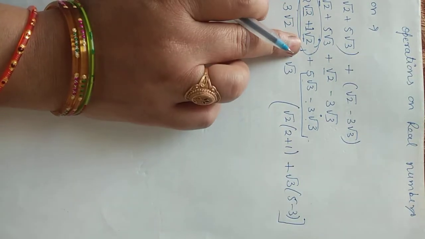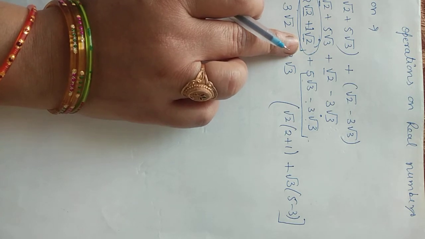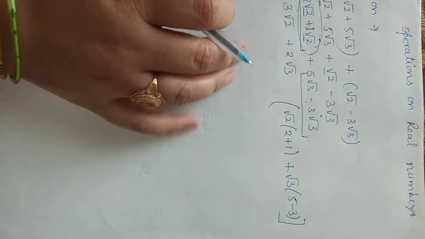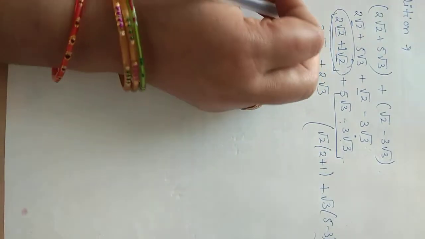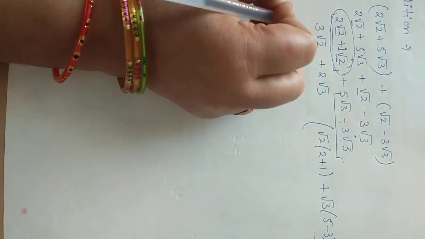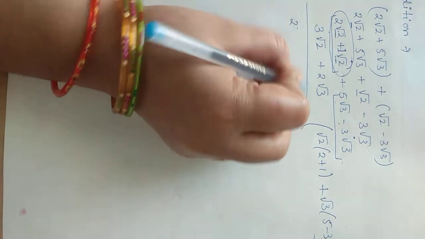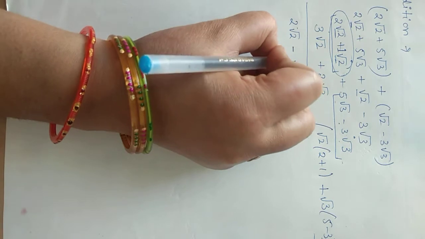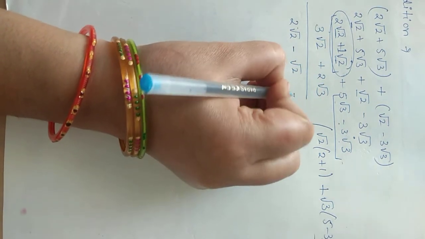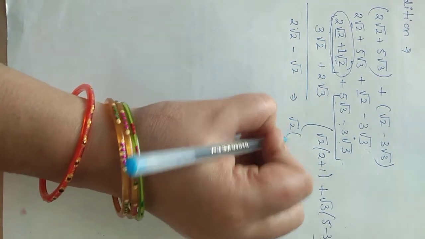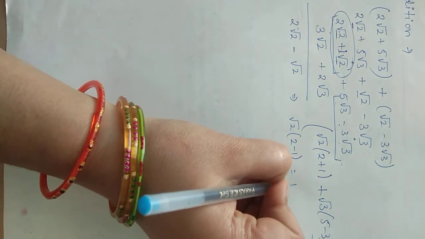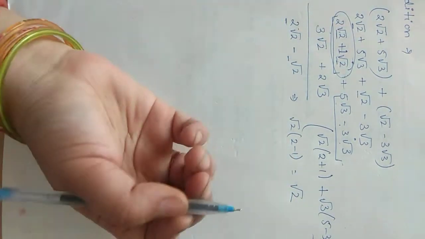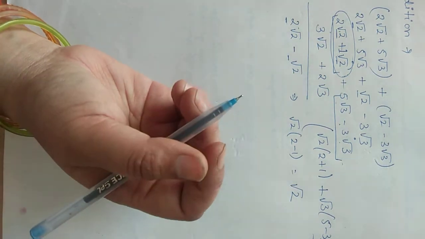So this means the same real numbers, if they are in root, you have to solve them together. If it is in subtraction, how will you solve it? Just see here, if you have 2 root 2 minus root 2, simply root 2 will be common, 2 minus 1, so the answer will be root 2. Or you can say 2 minus 1 is 1, so root 2 will be your answer.